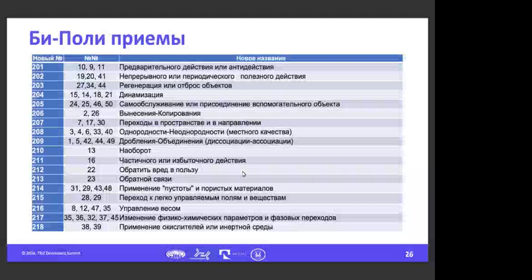For example, number 202 combines the 19th, 20th, and 41st principles which were put by Mr. Altshuler. And also we included, besides the 40 principles, we added another 10. So we use that inheritance in the maximal way.